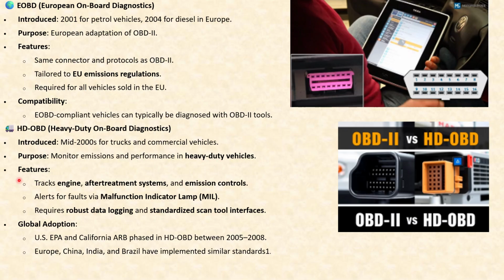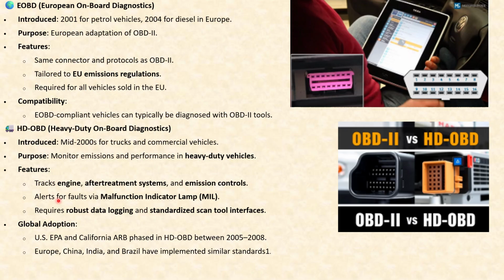Coming to the features, it tracks engine, after treatment systems, and emission controls. It also alerts for faults via malfunction indicator lamp. It requires robust data logging and standardized scan tool interfaces.